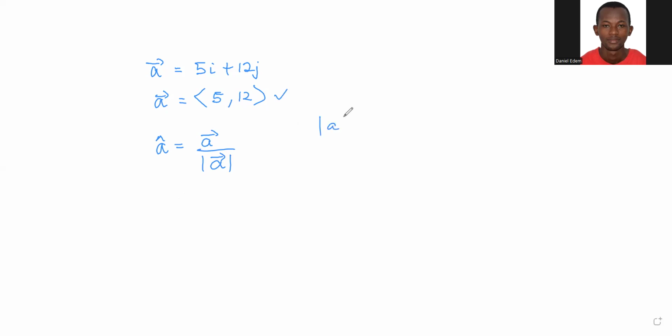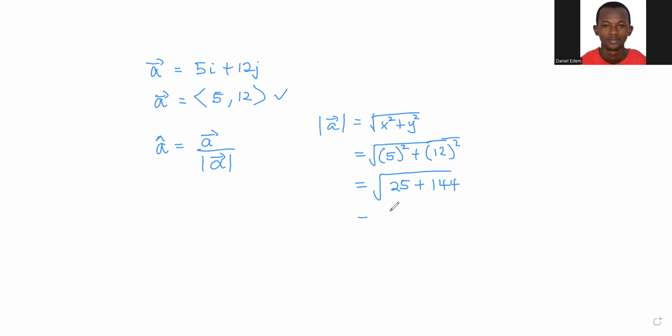And the magnitude of this vector is your square root of x squared plus y squared. So our x is 5 and our y is 12. So 5 squared is 25 and 12 squared is 144. So this will give you 169. And square root of 169 is 13.